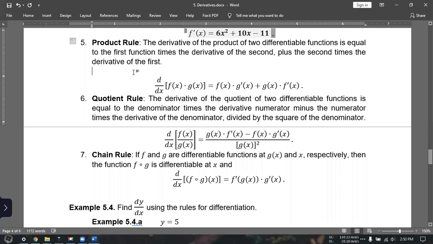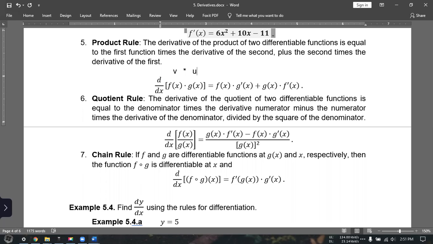Now, if you are confused by this, since there are many letters, let's try to simplify it. Let's assume that f of x is our v, and our g of x is u.